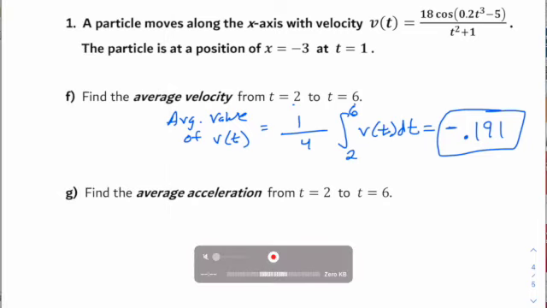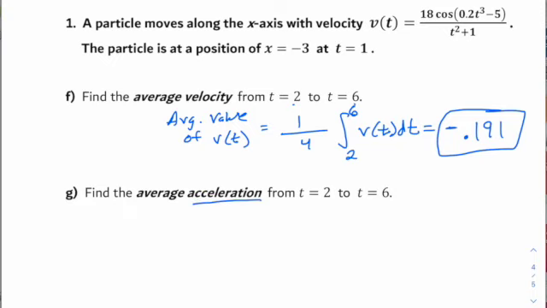And the final question is, what's the average acceleration? So if you have velocity, doing average acceleration, well, you could think about it the same way if you want, of doing the average value of the acceleration function, but you don't have the acceleration function, so that would be like taking the derivative of this and then getting the acceleration and then integrating it to do the average value of it.